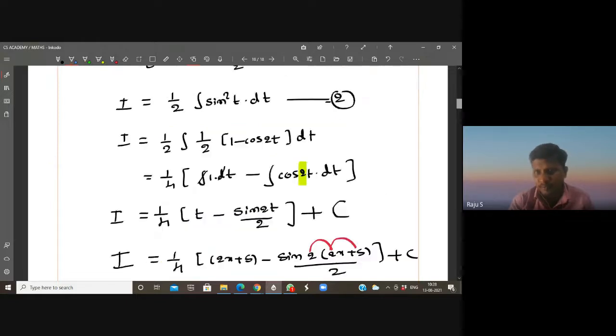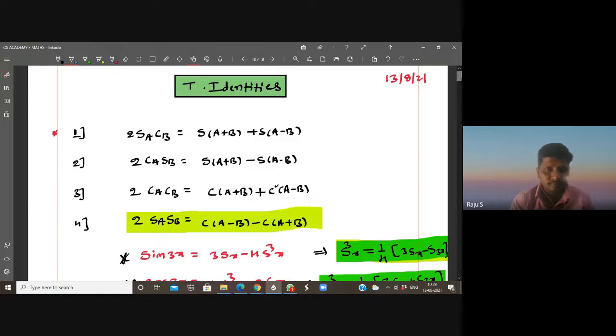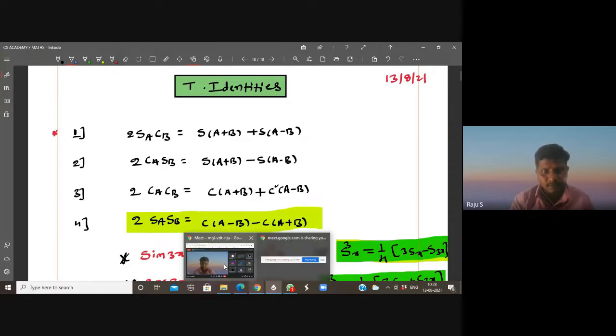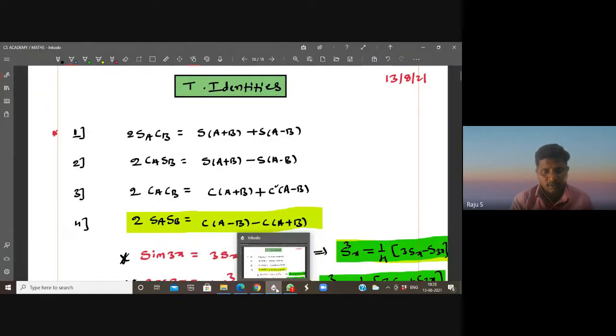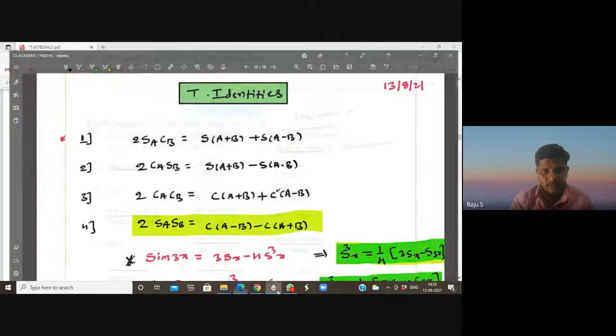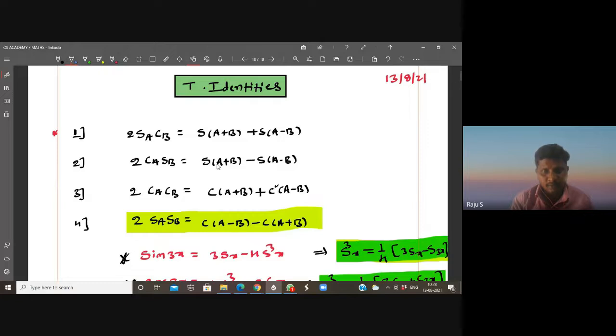What is the formula for 2 cos A sin B? Two cos A sin B is sin of A plus B minus sin of A minus B.